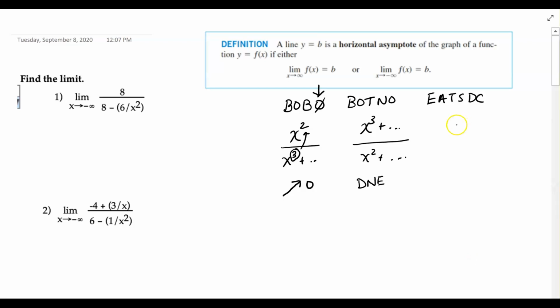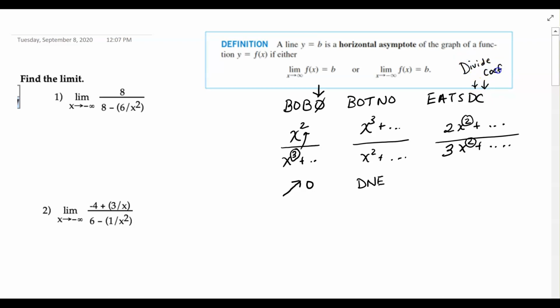If the exponents of the leading terms happen to be the same, so let's say we have 2x squared plus something and 3x squared plus something, it's a rational. If the exponents are the same, this means divide the coefficients.